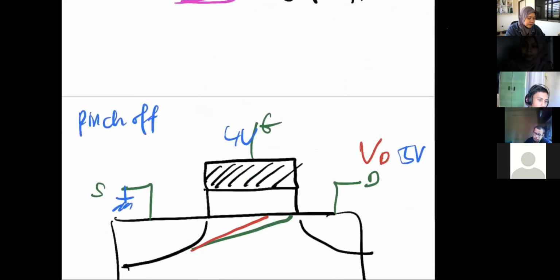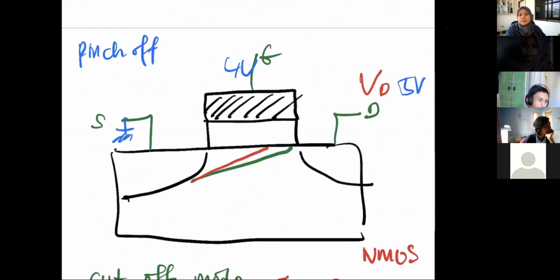Ya, tapi this one it's because the drain's voltage is higher than the gate. Therefore, the inversion channel isn't even.